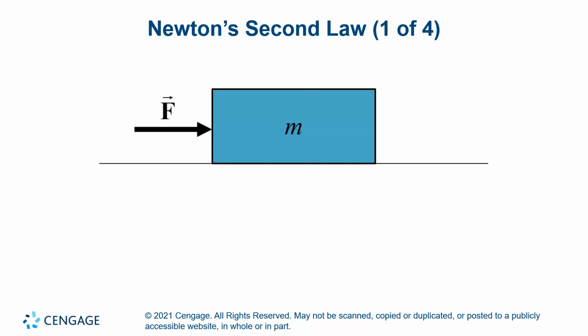So what does this tell us? This tells us that the acceleration of an object is directly proportional to the force acting on it and inversely proportional to the mass.